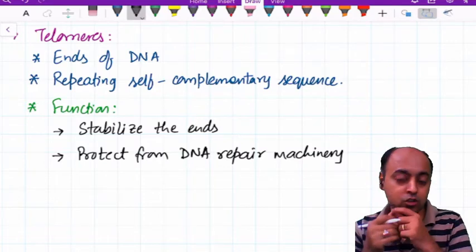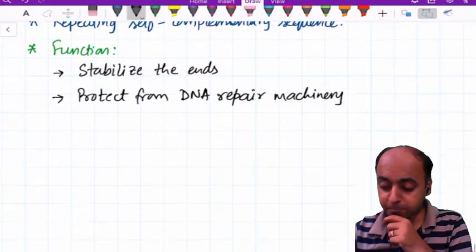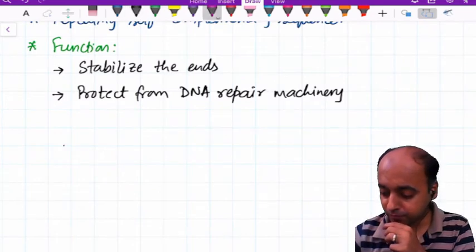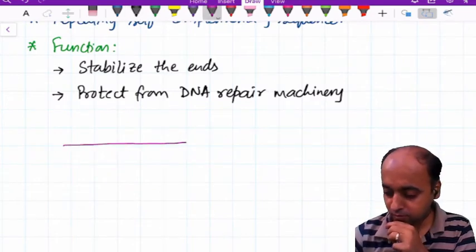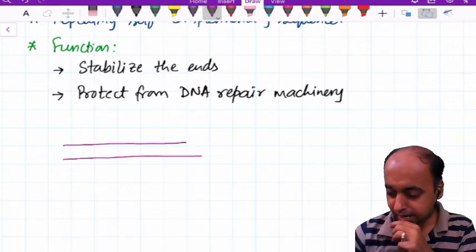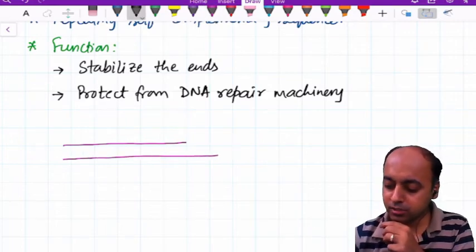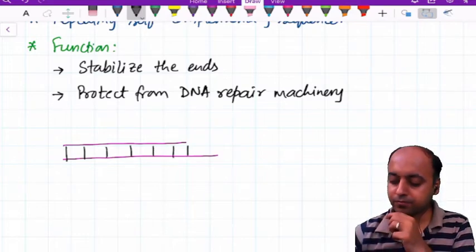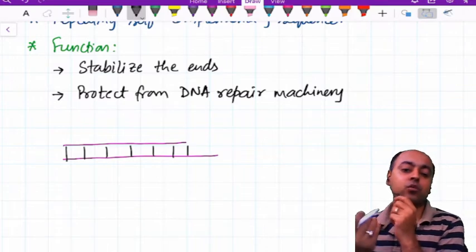Okay, let me draw two different DNA. This is end of one of the DNA. You'll notice that I have drawn one end which is shorter than the other end. Now, why this happens, we'll see when we do the replication.